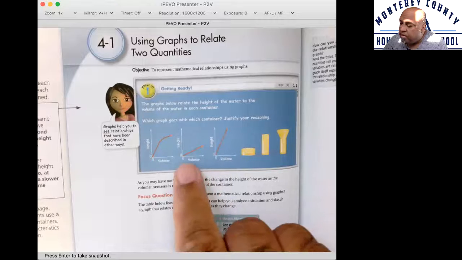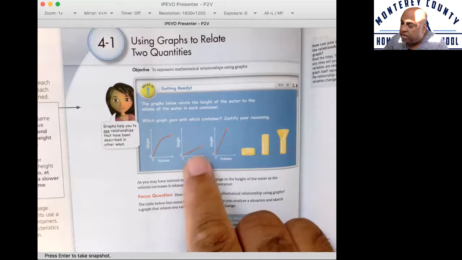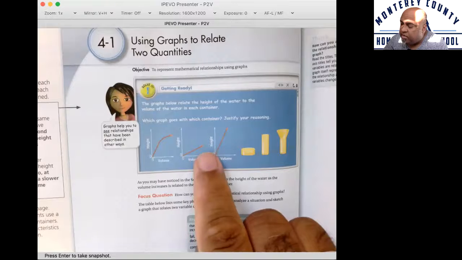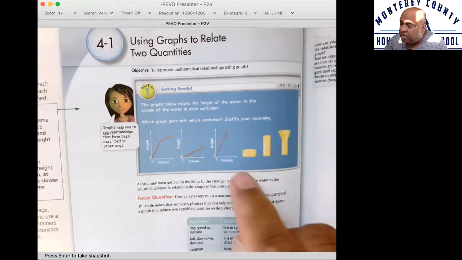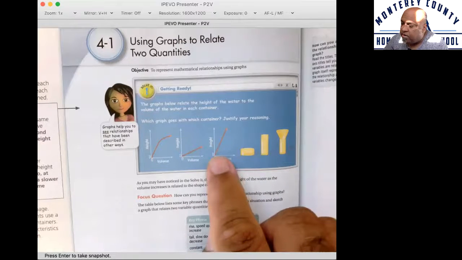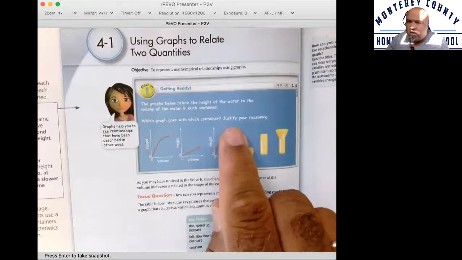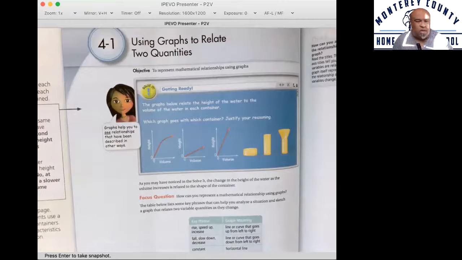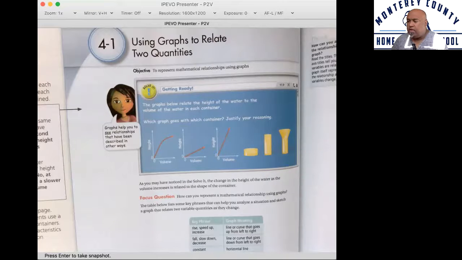This one, the volume and the height go at a pretty constant rate, but it doesn't go very high. This one, it goes at a constant rate, but the water volume actually goes up very high.